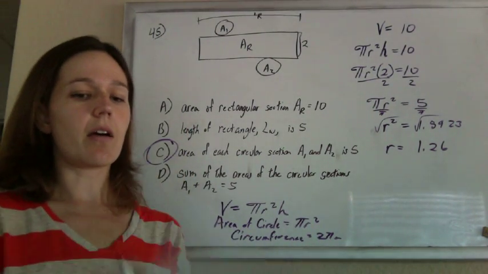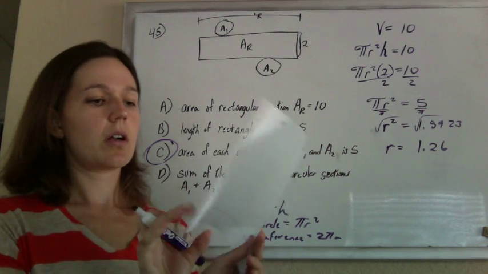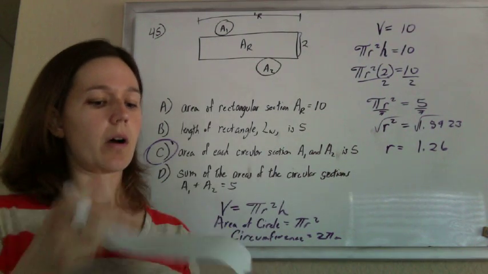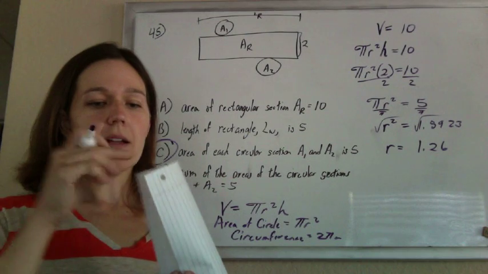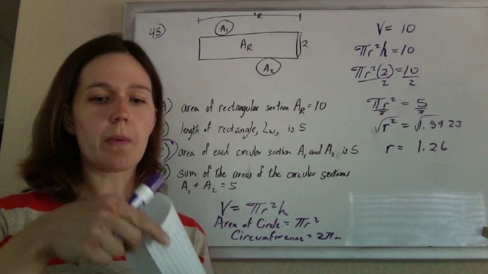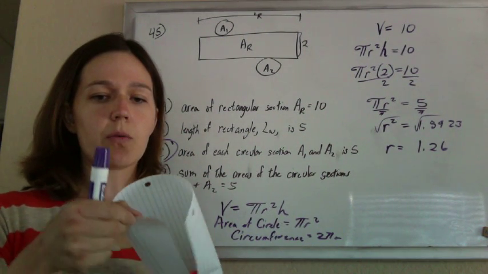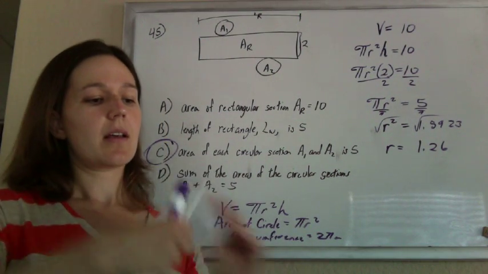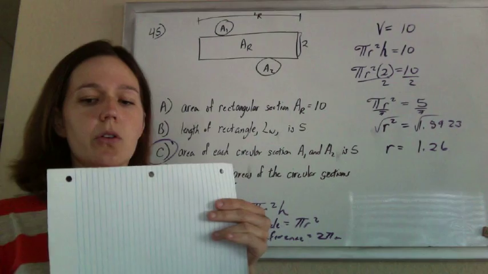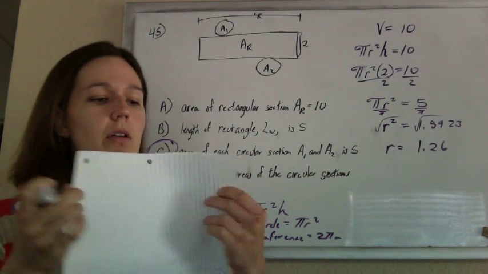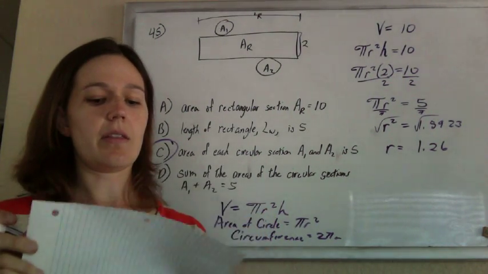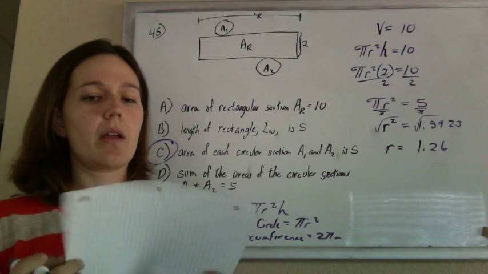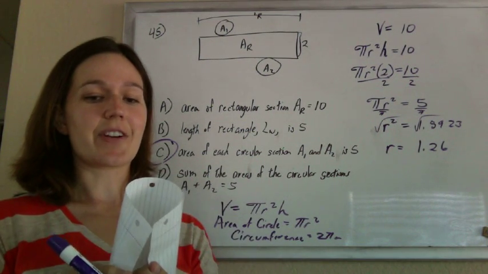Because if I have my cylinder, and that's my circle base, right? And when it rolls up into the rectangle, that length all the way around the circle, the length of my rectangle, if you work with me, is the circumference of the circle.